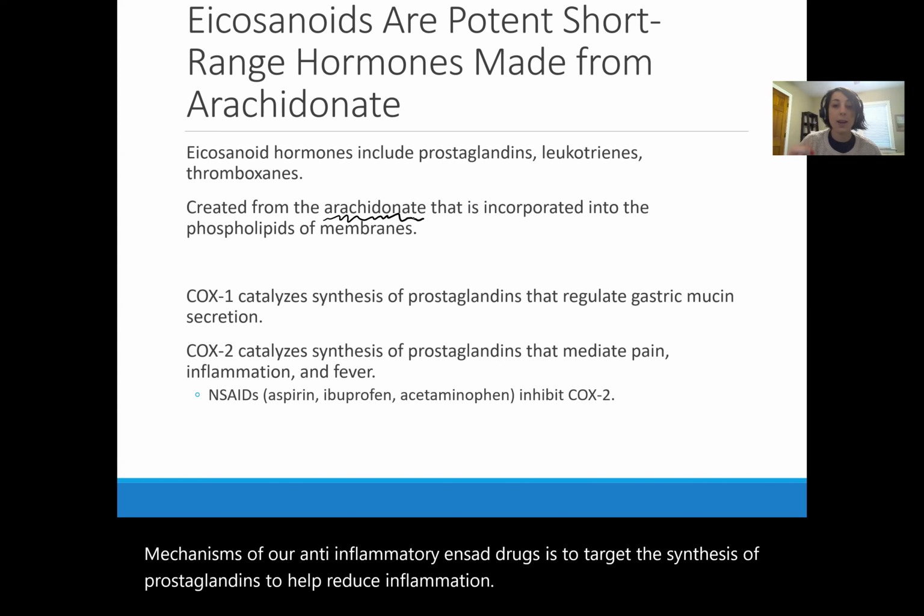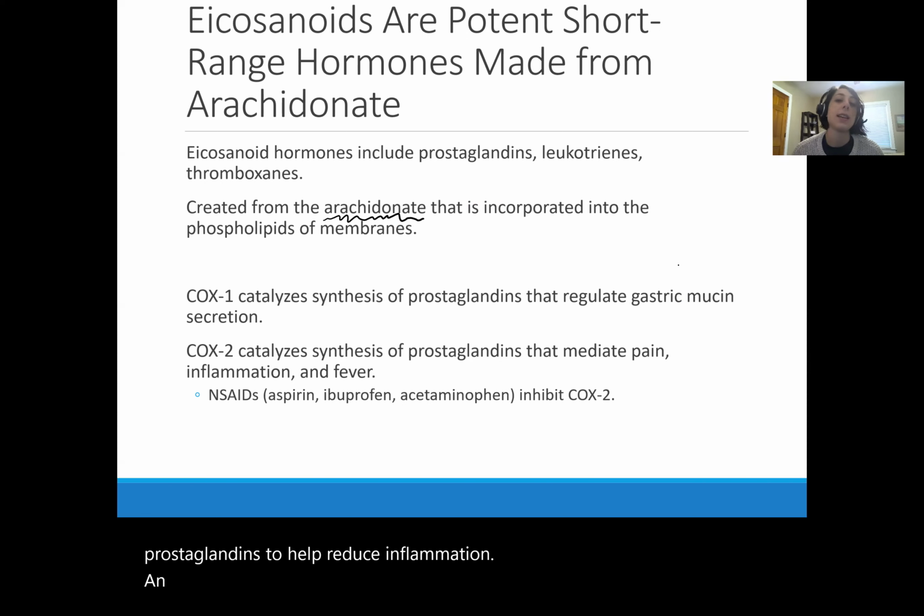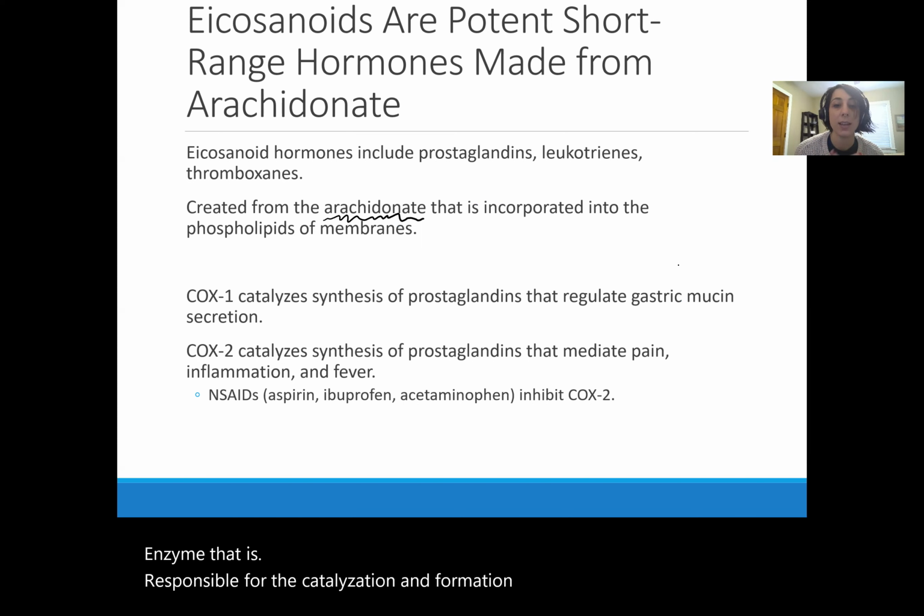So an interesting note is that these NSAIDs are going to target an enzyme that is responsible for the catalyzation and formation of prostaglandins.